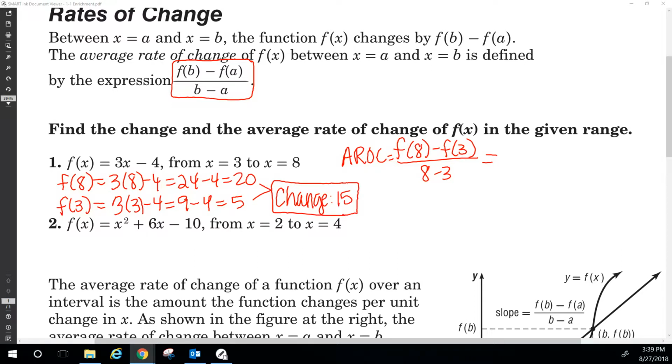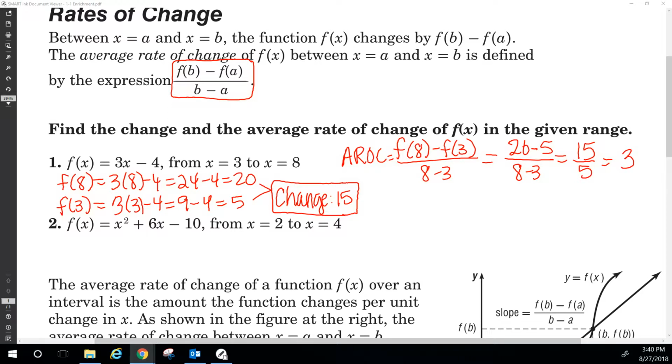In other words, to go from 20 to 5, we've got 15 units in between. So f of 8, which is 20, minus f of 3, which is 5, all over 8 minus 3. 20 minus 5 is 15, 8 minus 3 is 5. My change is 15, and the interval that we're taking the rate of change over is 5. So 15 divided by 5 would be 3.